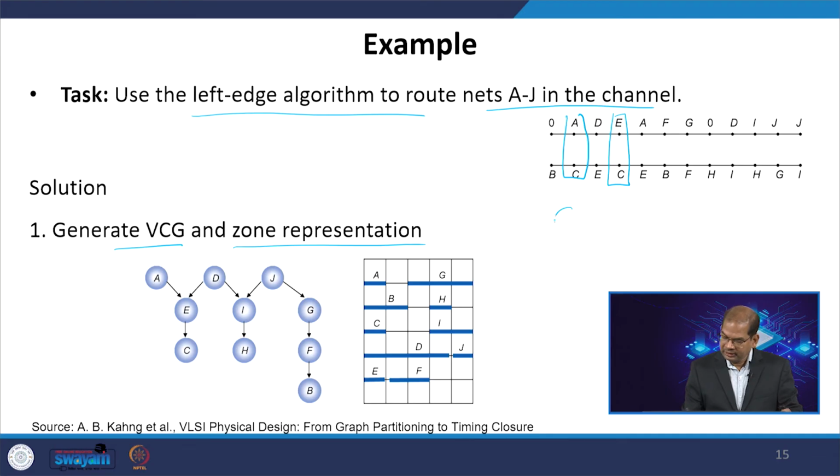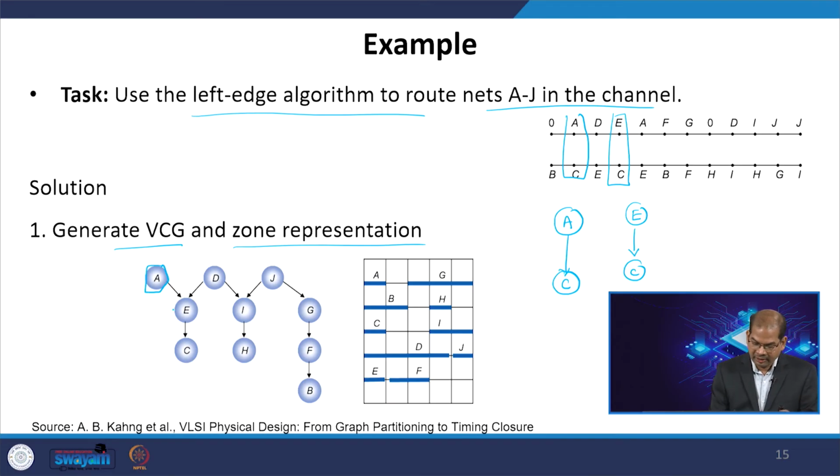So, what does it mean? A to C you have an edge, then E to C you have an edge. The A to C edge is not used because there is an edge from A to E and E to C. You have an A node, then an E node and a C node. So, this A to C edge should not be considered.